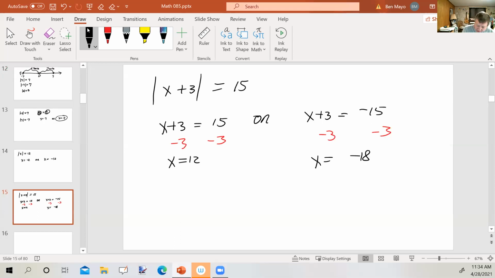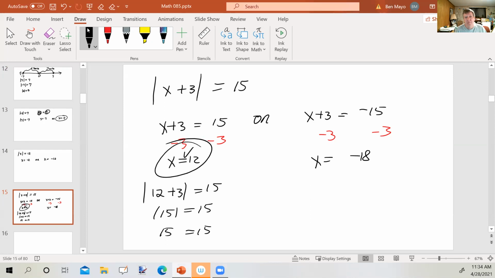Let's check both of those solutions. If x is 12, we'd have the absolute value of 12 plus 3 equals 15. Well, 12 plus 3 is 15, so now we've got the absolute value of 15 equals 15. And since the absolute value of 15 is 15, we end up with 15 equals 15, so x equals 12 is a valid solution. How about x equals -18?